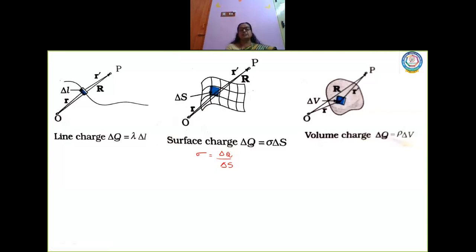So the area of this element is del S, and the number of charges present in that element is del Q. So when you define the surface charge density for a smaller surface area element, I can find out the charge distribution for the entire surface. So you call this continuous charge distribution.